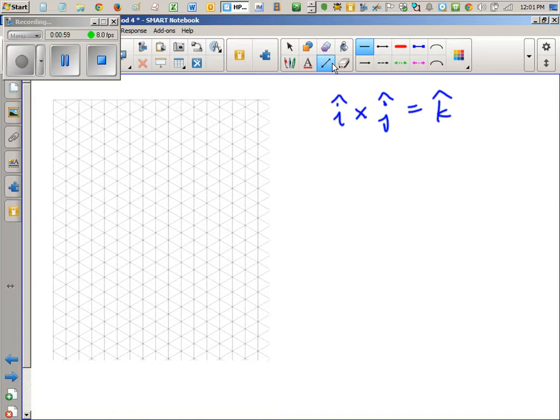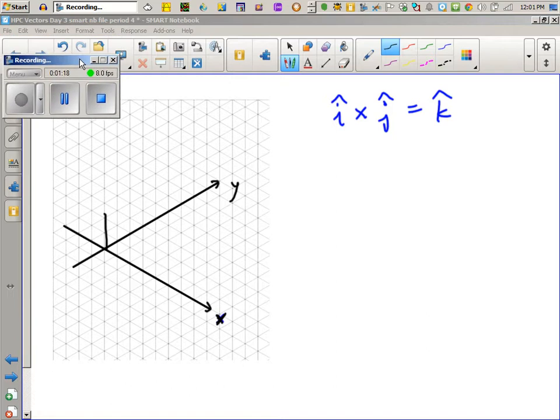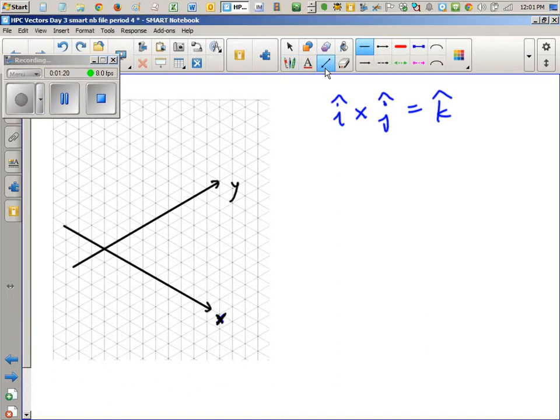Okay, so my x-axis, I usually actually use this for my x-axis down here. I almost always make this x and make this y like I did yesterday. And that way z points straight up the page. Like that.